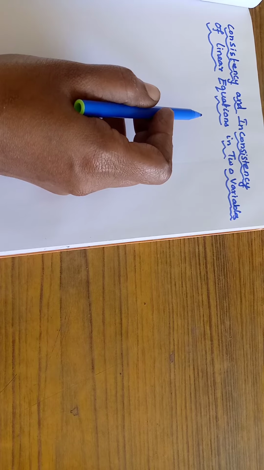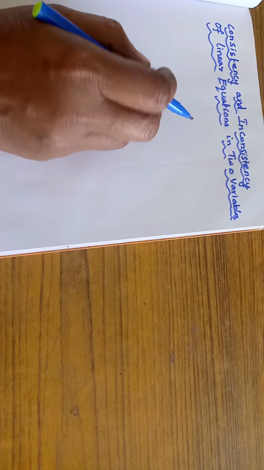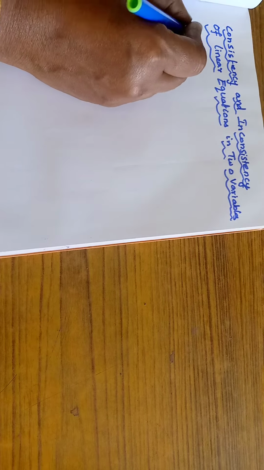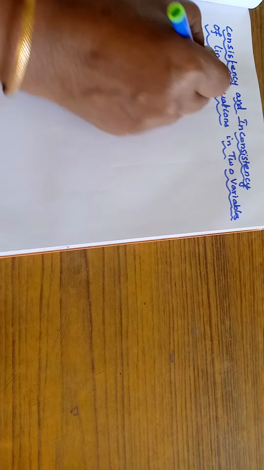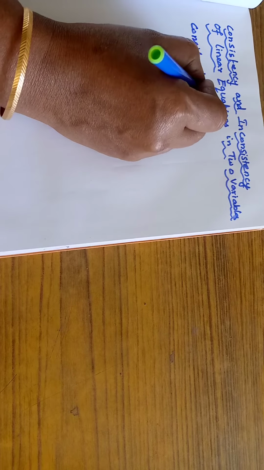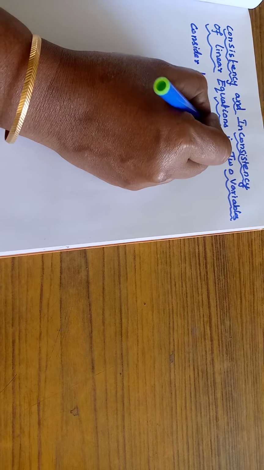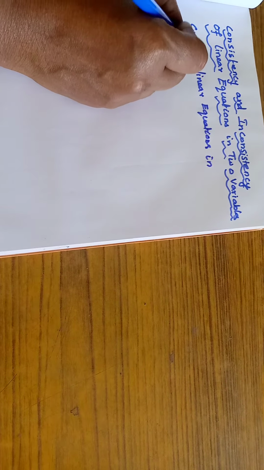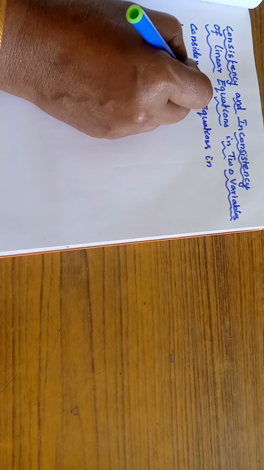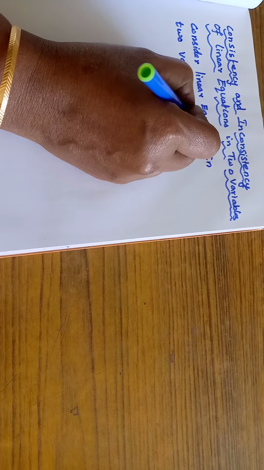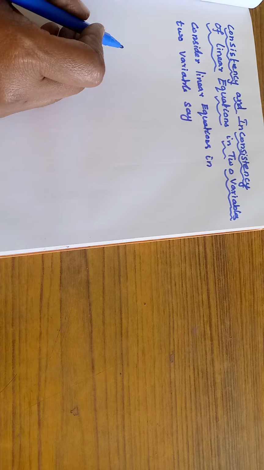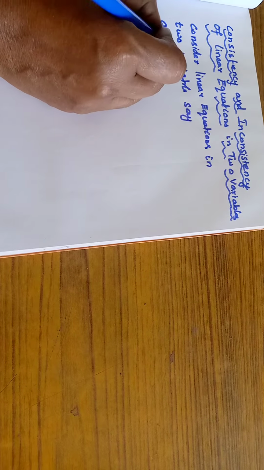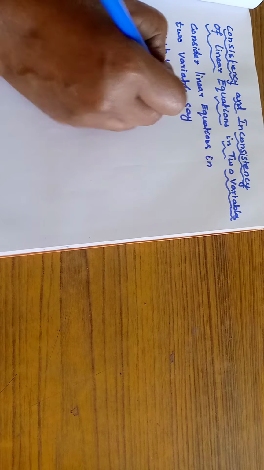So, let us consider two linear equations in two variables. The first one is a1x plus b1y plus c1 equal to 0.